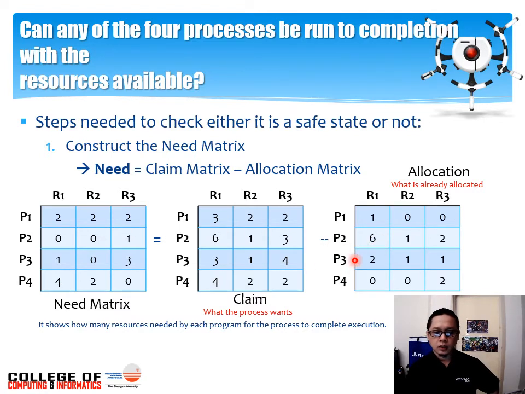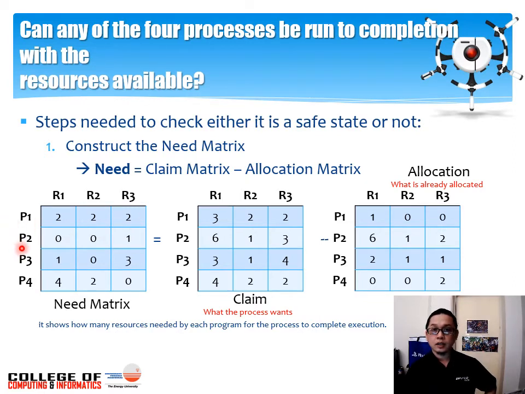Okay, so here you have 3 minus 1, you will get 2. 2 minus 0, you will get 2. 2 minus 0, you will get 2. So that settles process 1's needs.